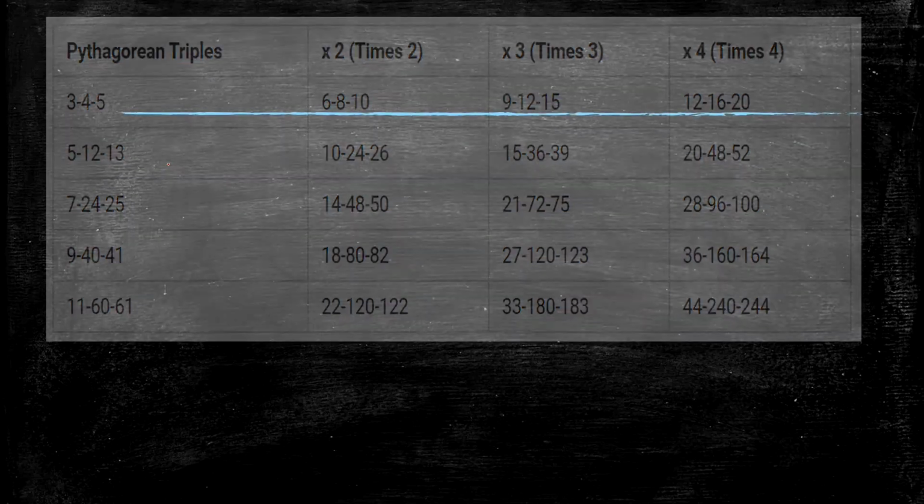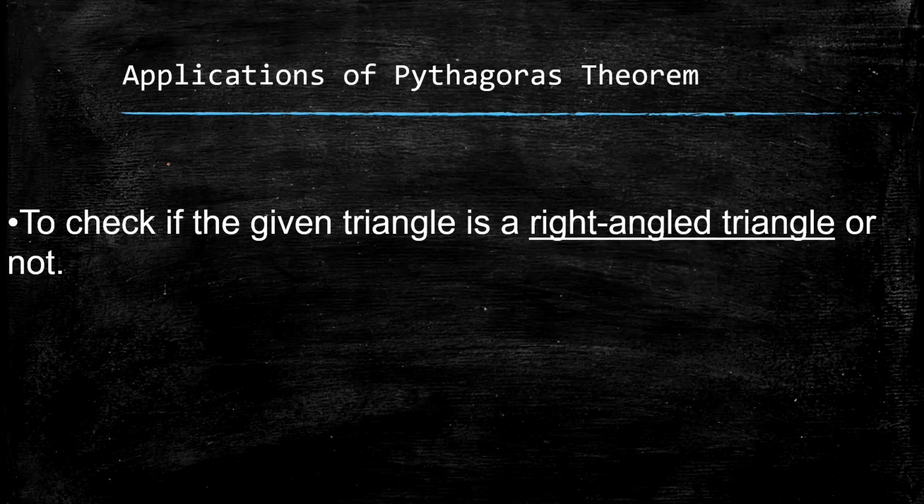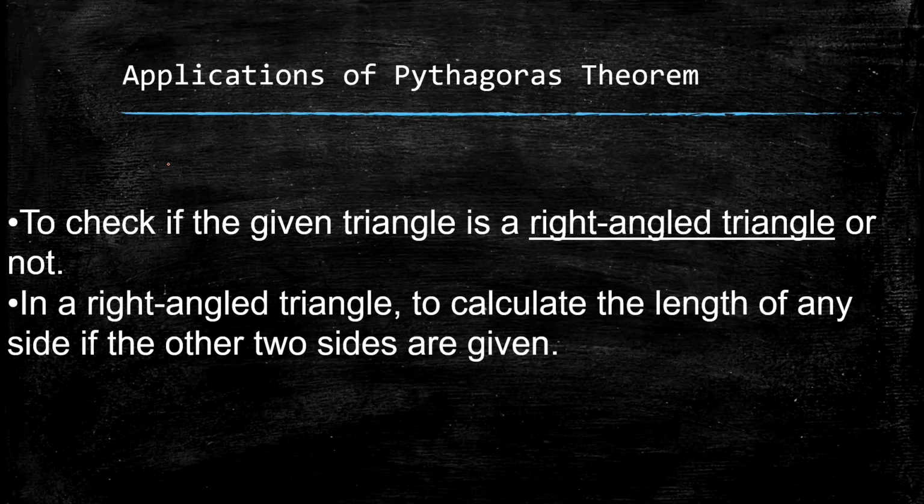Now let's understand a few applications of Pythagoras theorem. The first one would be to check if the given triangle is a right angle triangle. We can use the converse of Pythagoras theorem and check if the square of the largest side is equal to the sum of the squares of the other two sides. And then you can confirm if the given triangle is right angled or not.